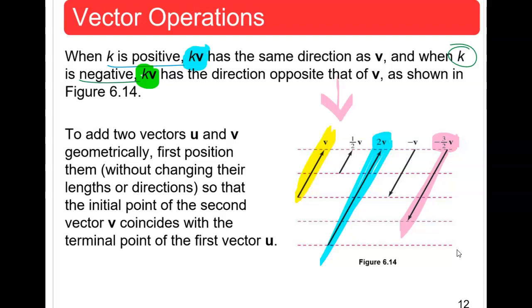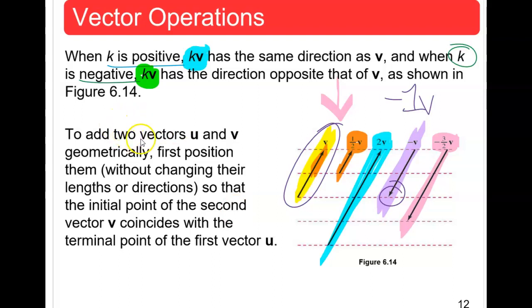Also, -v is the same as having the scalar -1 times the vector, so we're going in the opposite direction of the original vector. And for the other vector, 1/2 times v, that one is half the size of the original vector, and you can see that here.